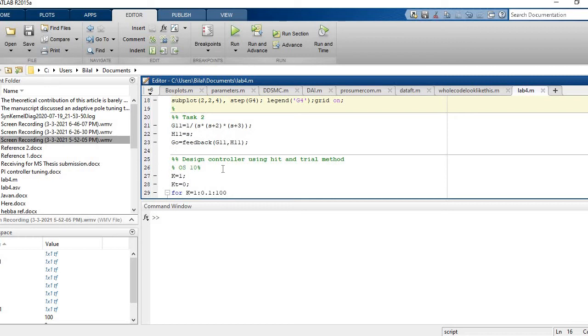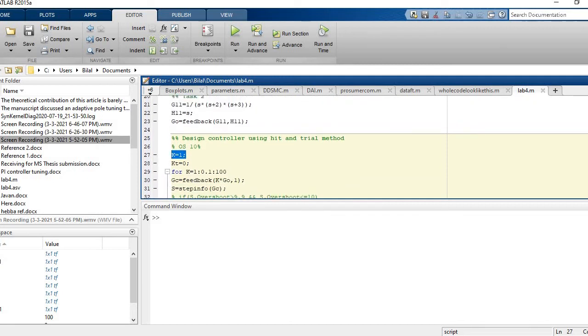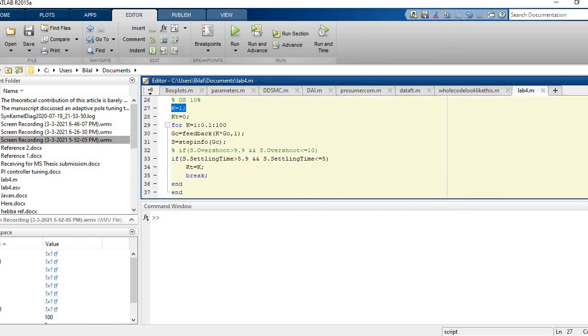Now we have to do the design. I put k equal to 1, which was unknown, and kt equal to 0. Then I start a loop from 1 to 100 with a step size of 0.1.